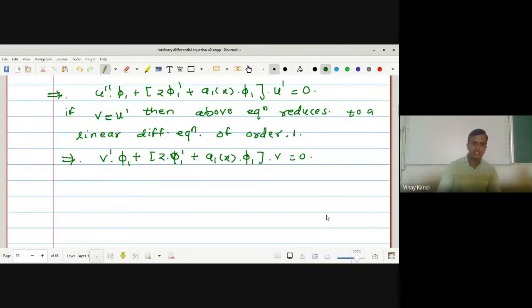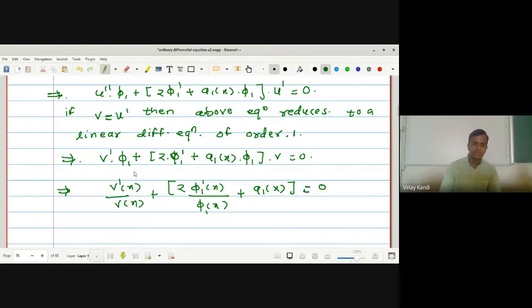Okay, so rearrange the terms. We get v dash of x upon v of x plus 2 into the bracket phi 1 dash of x upon phi 1 of x plus a1 of x, which is equal to 0.